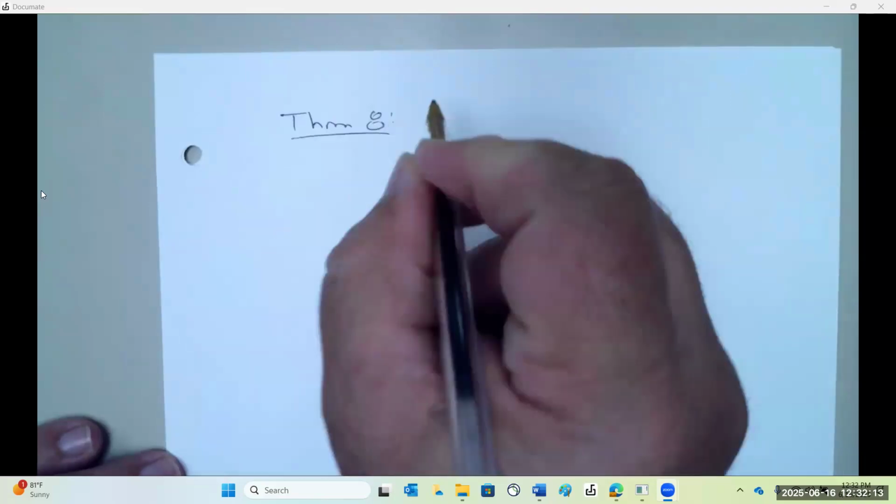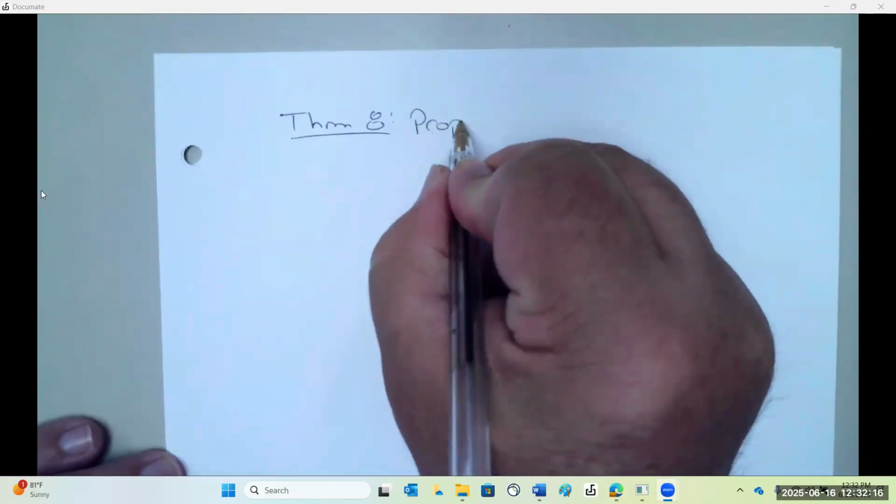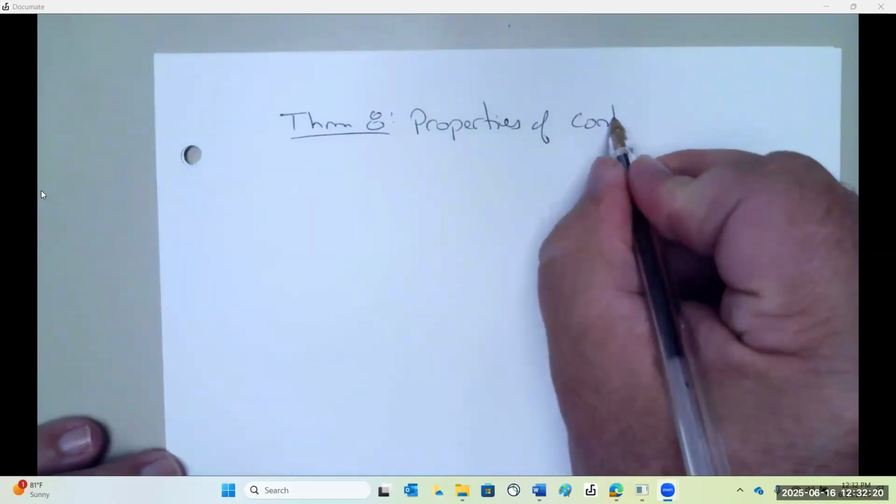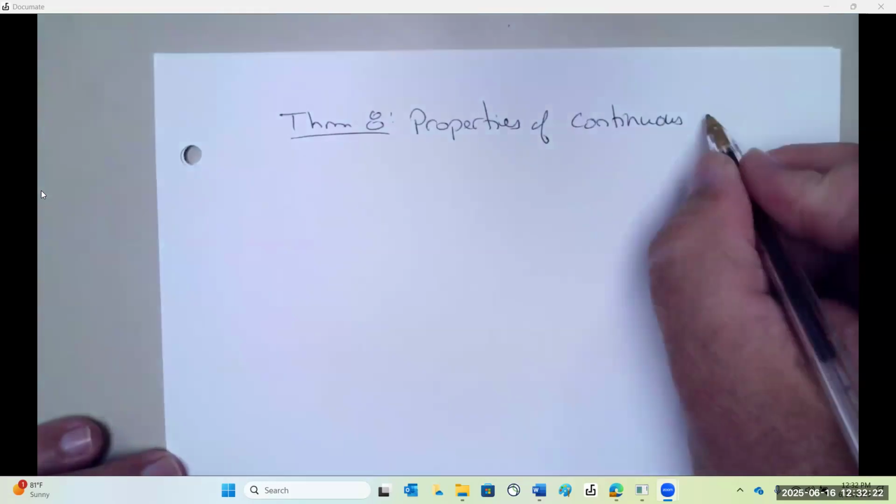Theorem 8. The properties of continuous functions.